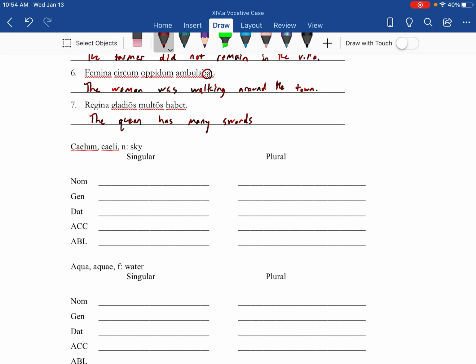Alright, and we got some declension practice. With this one, we got to recognize that it's neuter. And in neuter, nominative and accusative are going to look the same. So this goes here. This one goes here. Nominative and accusative look the same. Now, to get my stem, I need to drop the I off.